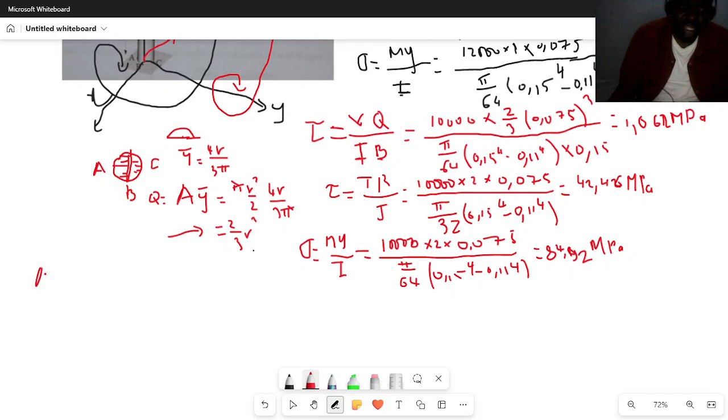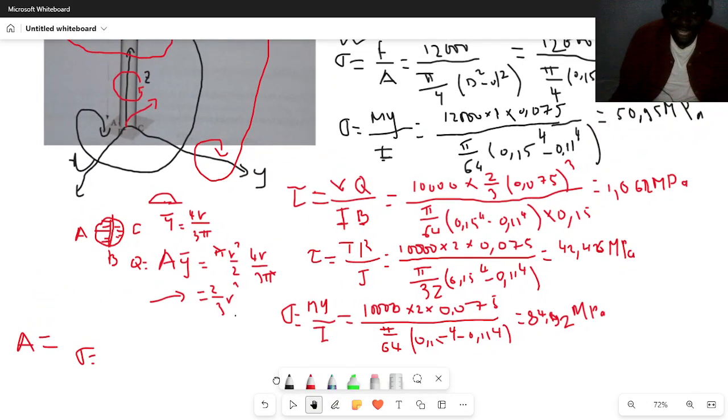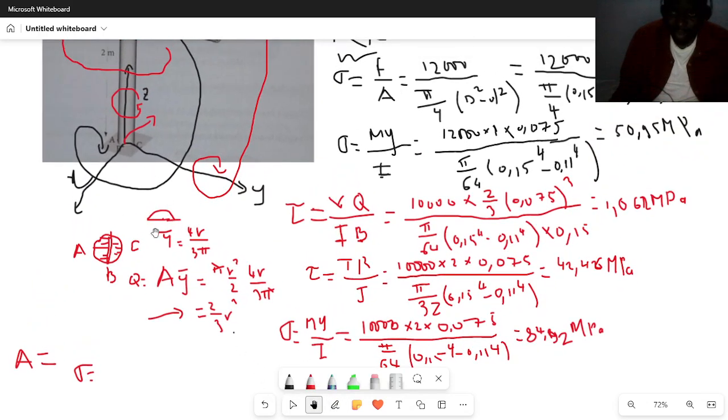Let's start at point A. At point A, what is happening? We know that the direct stress here is a compressive direct stress, because that force is acting on all of them. The one that we got was 1.407. So we're going to have it as minus 1.407. It is minus because it is a compressive force.